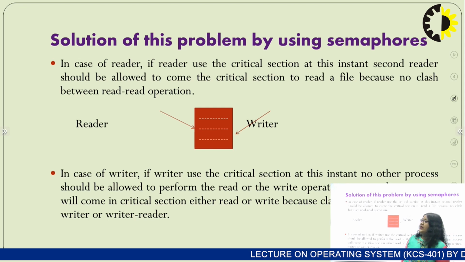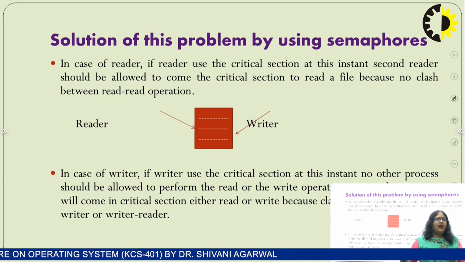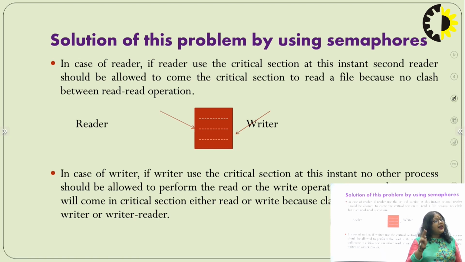Now the solution is that in the case of a reader, if a reader uses the critical section at the same instant of time, a second reader should be allowed to come into the critical section for reading a file, because there is no clash between read and read operations. There is a clash between the reader and writer, but there is no clash between reader and reader.